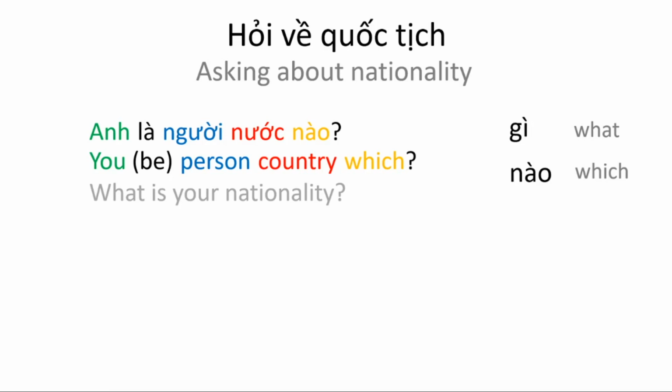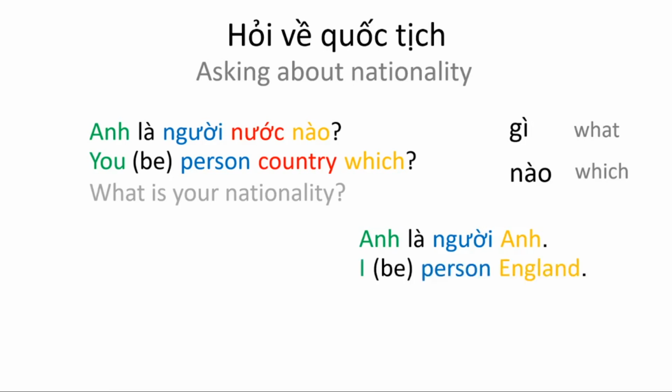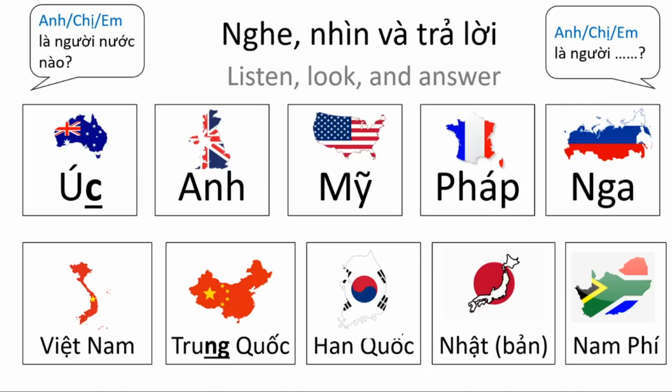The answer is Anh là người Anh, or Em là người Mỹ, Chị là người Pháp. Whichever your pronoun is relative to the person you're speaking to, and then whichever your country is from. In my case, they happen to be the same because Anh can be used as older brother as well as the country England. I be person England, or I'm English.